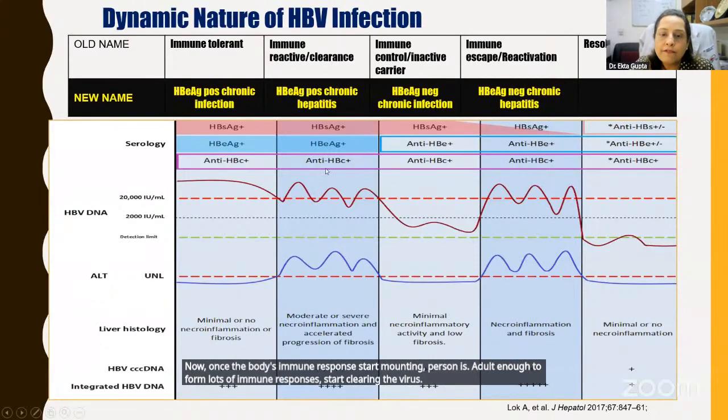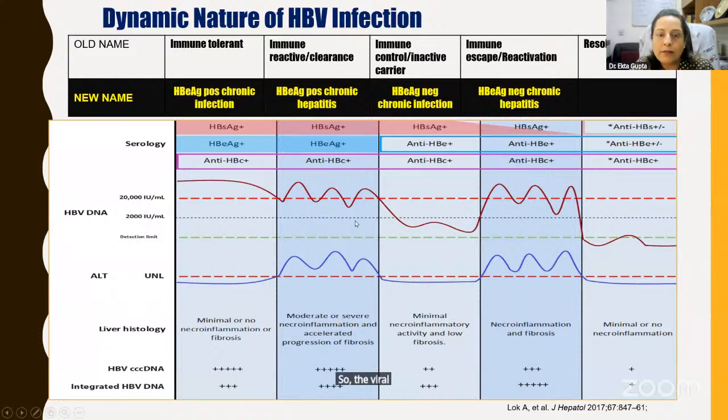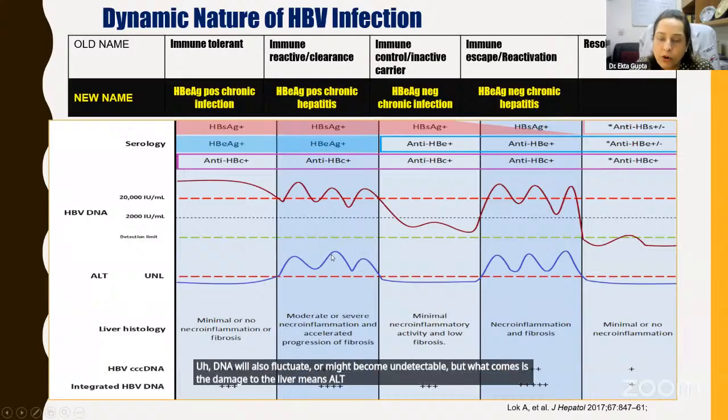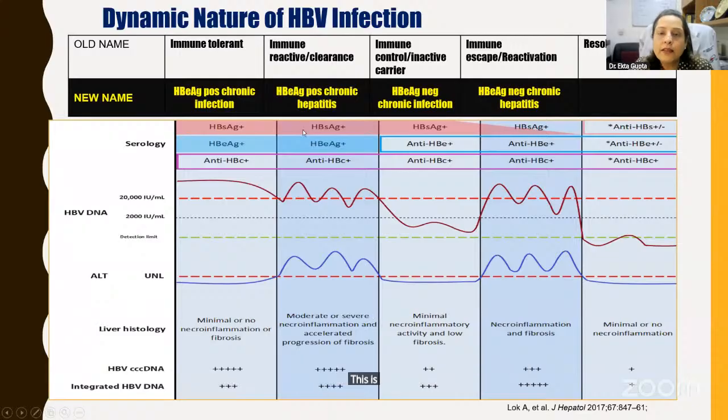So the viral markers will come down, HBsAg level will also go down, DNA will also fluctuate or might become undetectable. But what comes is the damage to the liver, meaning ALT will be abnormal. This is the time when the patients usually are screened and they come to the OPD of a gastroenterologist.